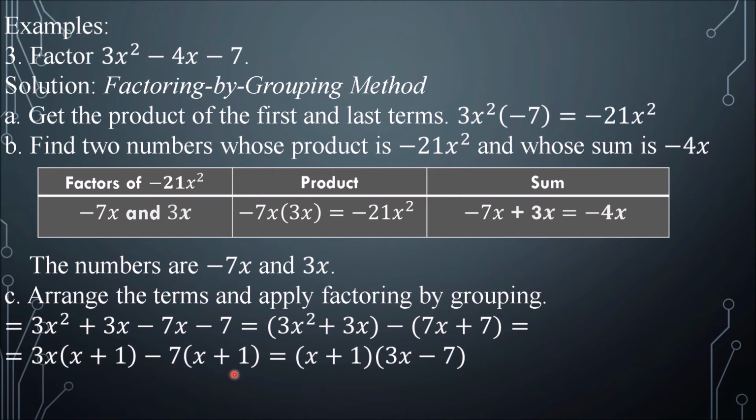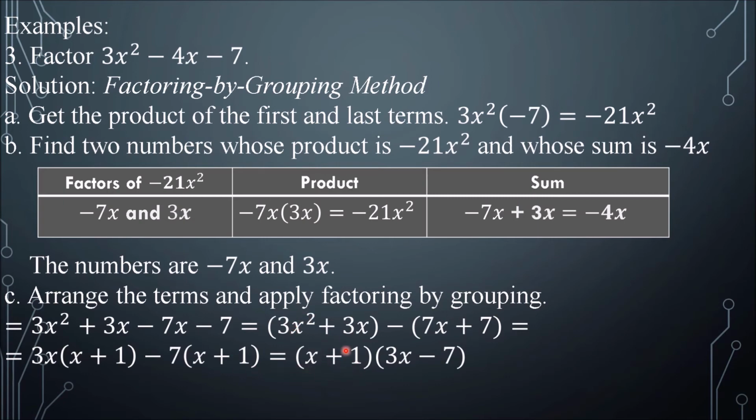Take note, the goal of this is for us to have the same remaining factor, x plus 1 and x plus 1. So that same remaining factor will serve as the common monomial factor, x plus 1.